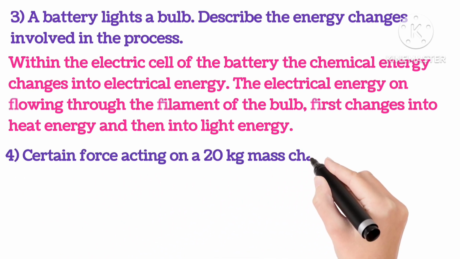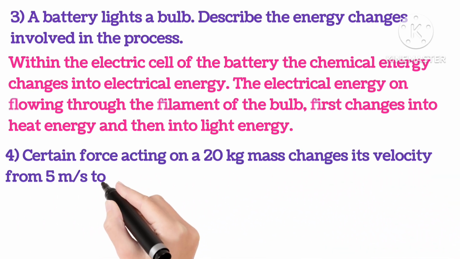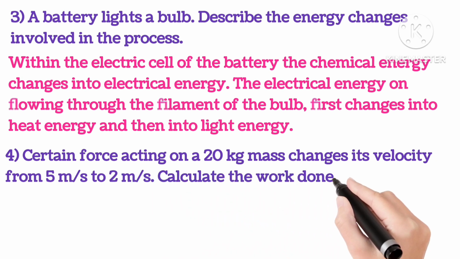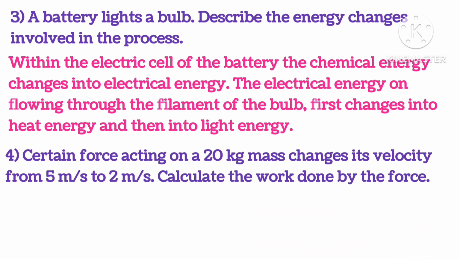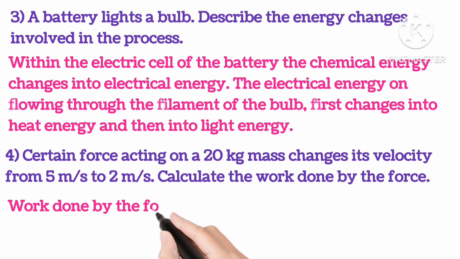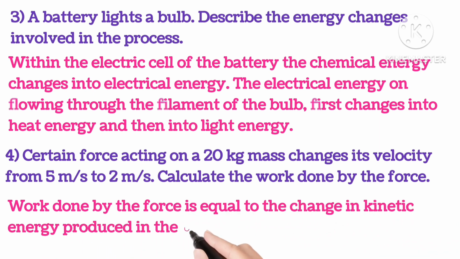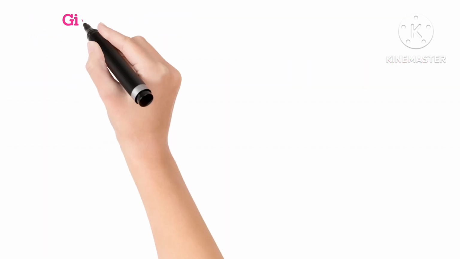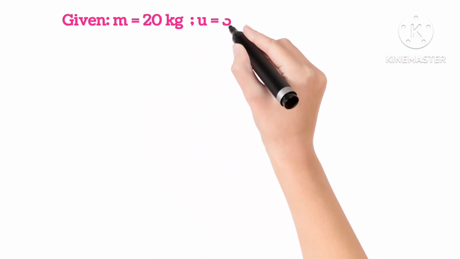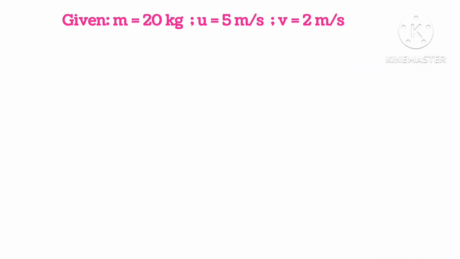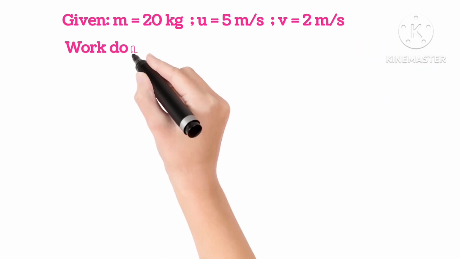A certain force acting on a 20-gram mass changes its velocity from 5 to 2 meters per second. Calculate the work done by the force. The work done by the force is equal to the change in kinetic energy produced in the body. Given mass is 20 grams, initial velocity 5 and final velocity 2 meters per second.